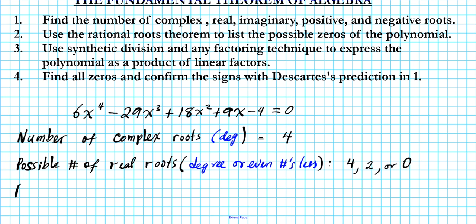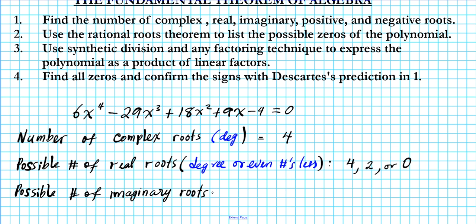Now let's take a look at the possible number of imaginary roots. Okay, so the roots for the polynomial equation could either be real or imaginary. When we combine them together, we get the number of complex roots.